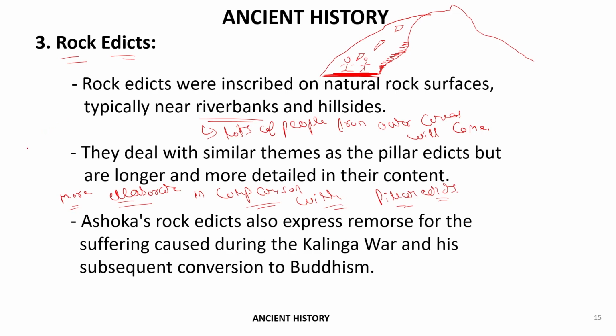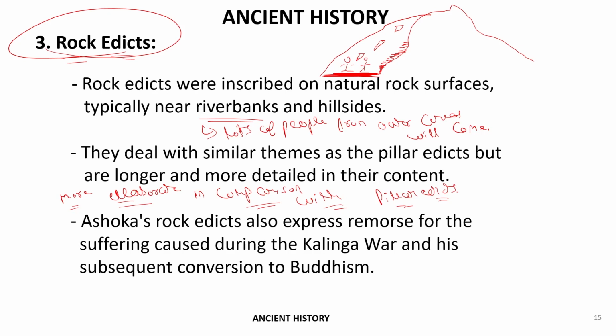Whatsoever he saw, he found, and he listened from the people, from the ministers, from the army commanders during the Kalinga War left a great impact on the thinking of Ashoka, and he also used the rock edicts to express his remorse, his sorrow and his regret for the Kalinga War and the devastating damage which was caused during this war.